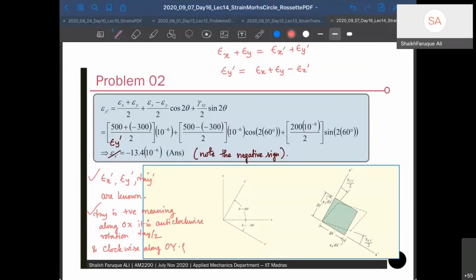Okay, that's clear. So what I get is this line rotates clockwise to this, and this line rotates anti-clockwise to this.